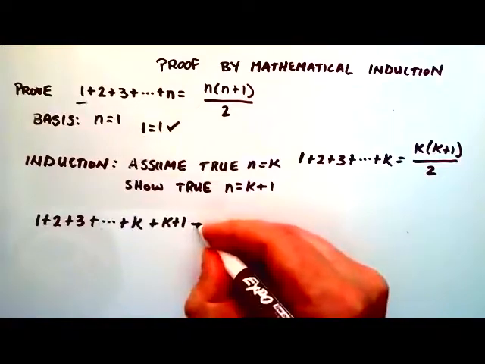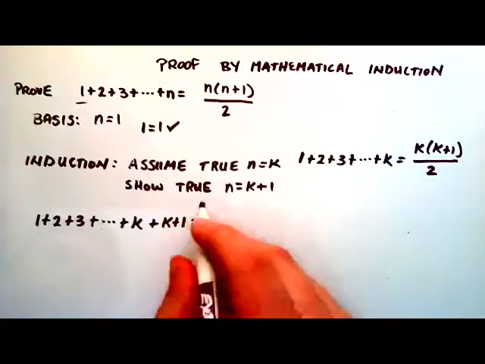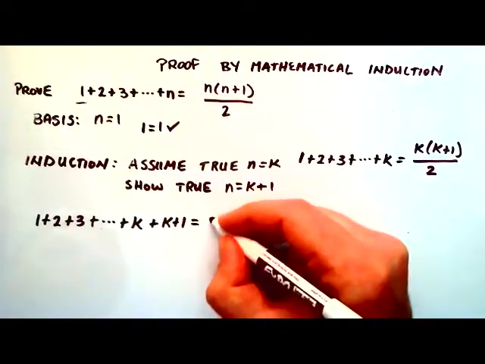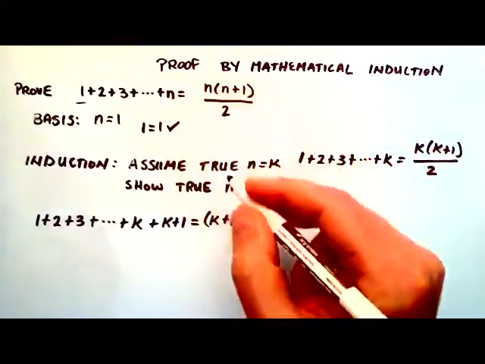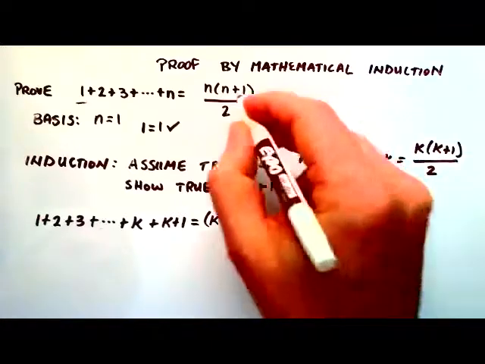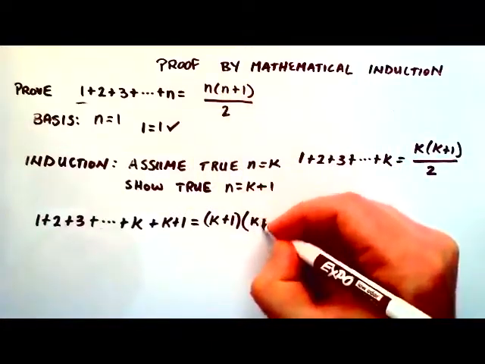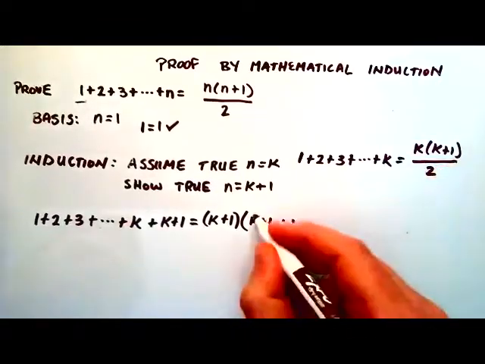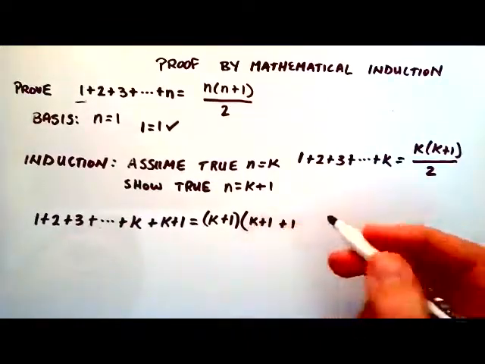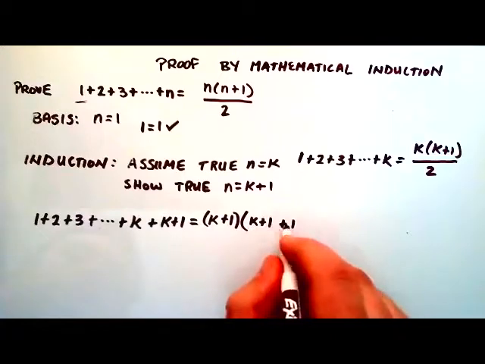And then we're also going to plug in k plus 1 where the n's are here. So this is going to be k plus 1 for that part, multiplied by k plus 1, plugging that in where the n is, and then we have plus 1. We could put this in parentheses to set it apart, but really we're just going to be adding these anyway, so I'm just going to leave it like this.